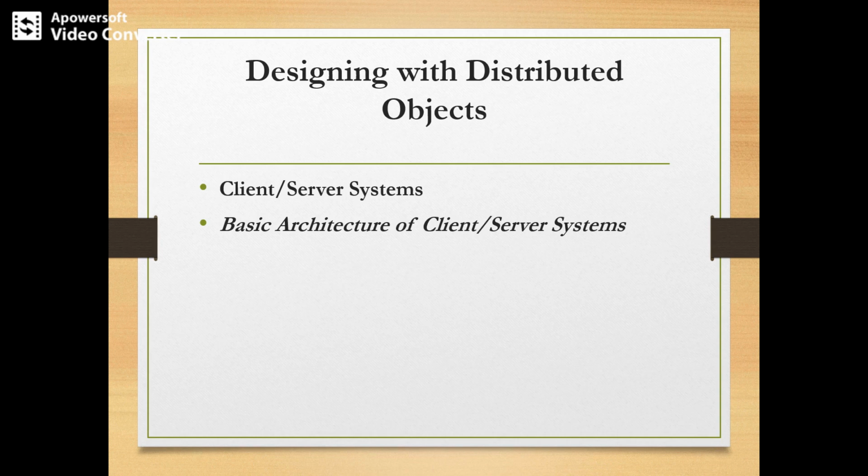Now we are going to discuss the client server system. We know that in designing with distributed objects, distributed systems can be classified into peer-to-peer systems and client server systems. Every computer system we can call a node, host, or system.